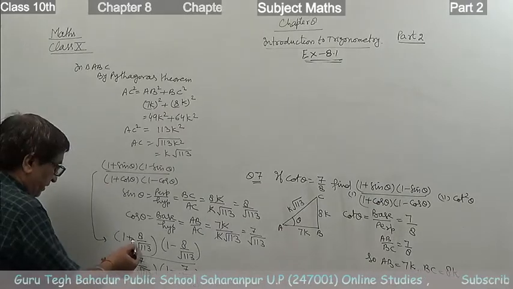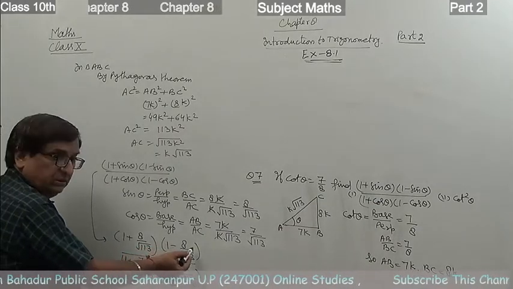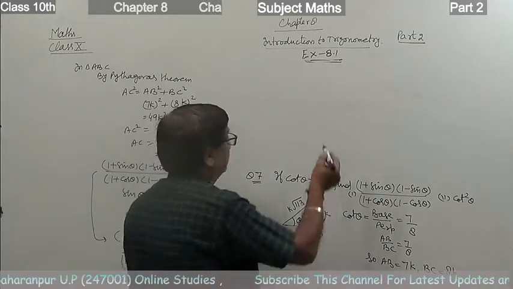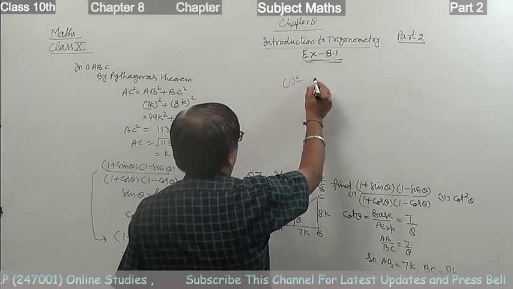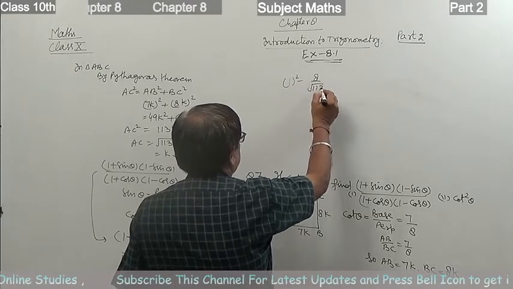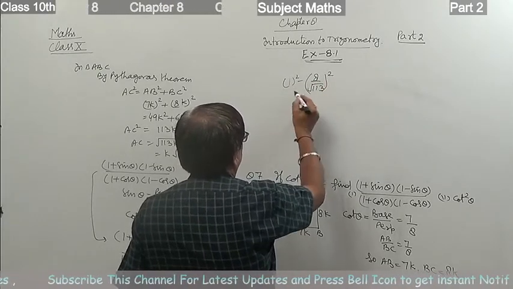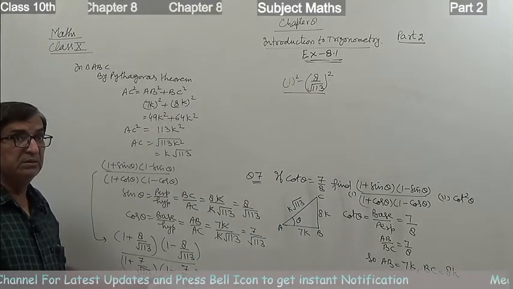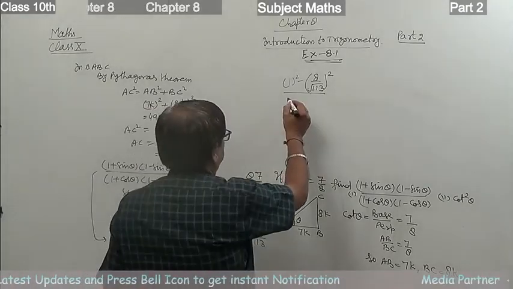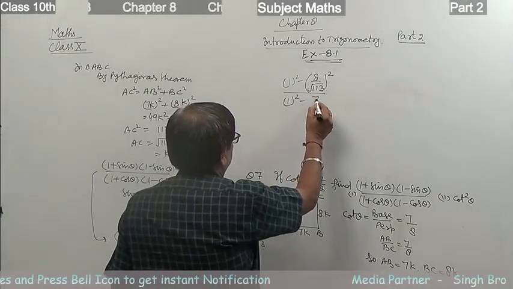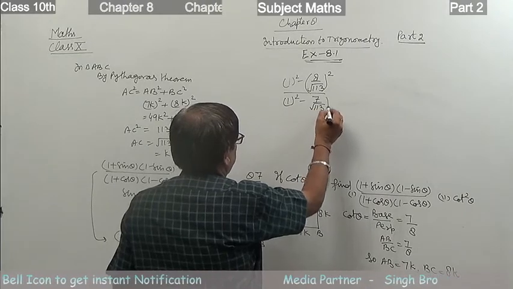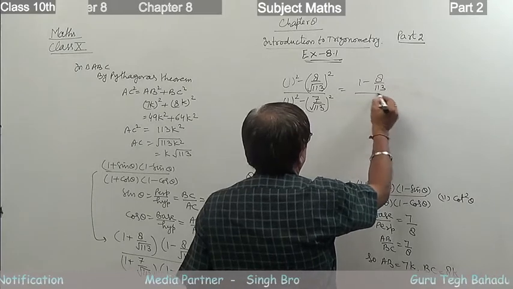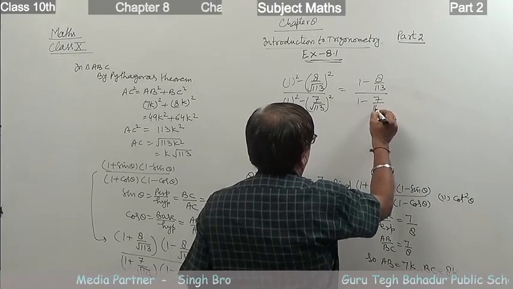This is A plus B, A minus B. It becomes A square minus B square. So it becomes 1 square minus 8 upon root 113 square. In same way, A plus B, A minus B, so A square minus B square. 1 minus 8 upon 113, 1 minus 7 upon 113.